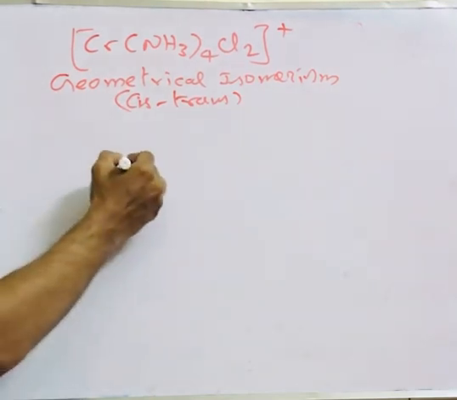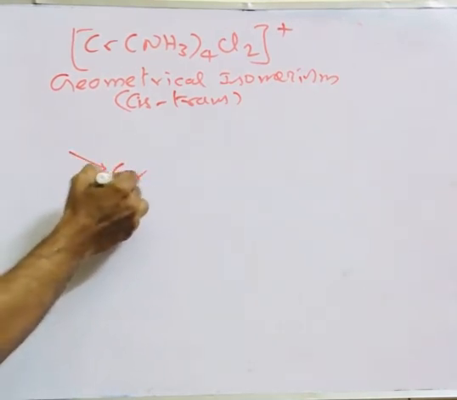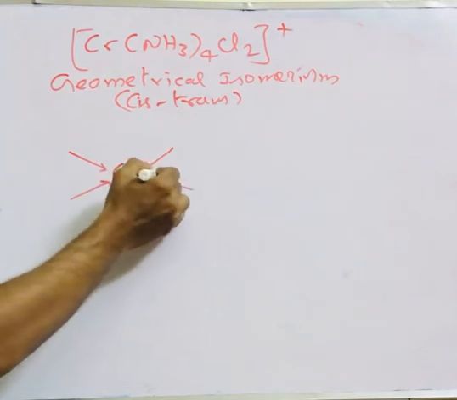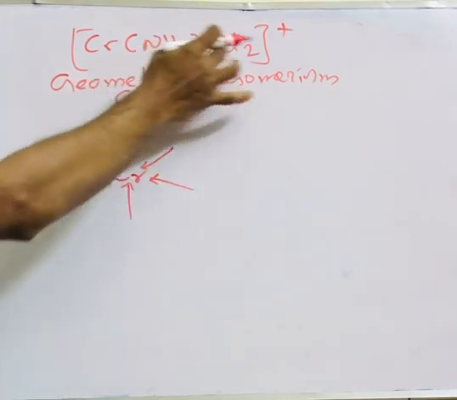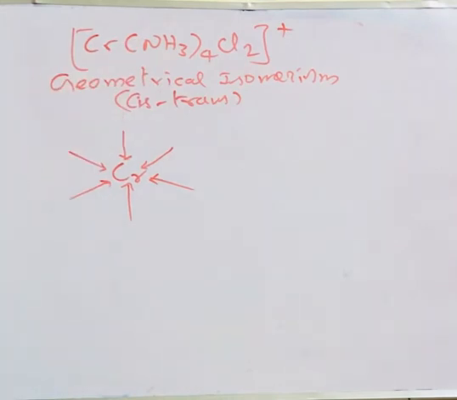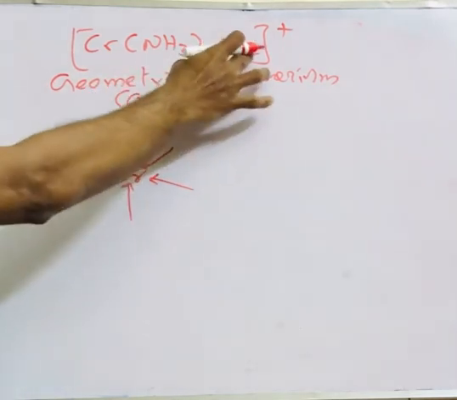So this is chromium. You need to have 6 linkages, agree? Because the coordination number is 6. If you want to write cis, you need to write both the chlorines on the same side. If you want to write trans, you should write both the similar groups opposite.